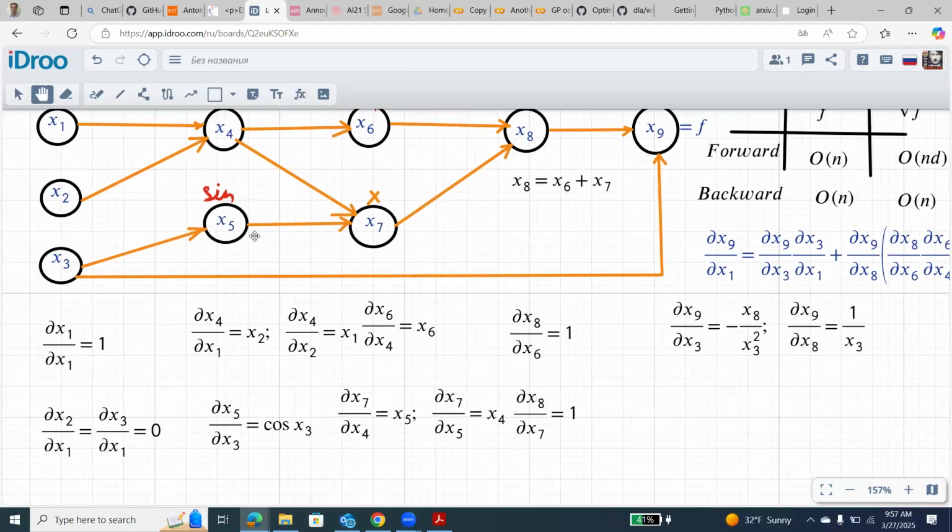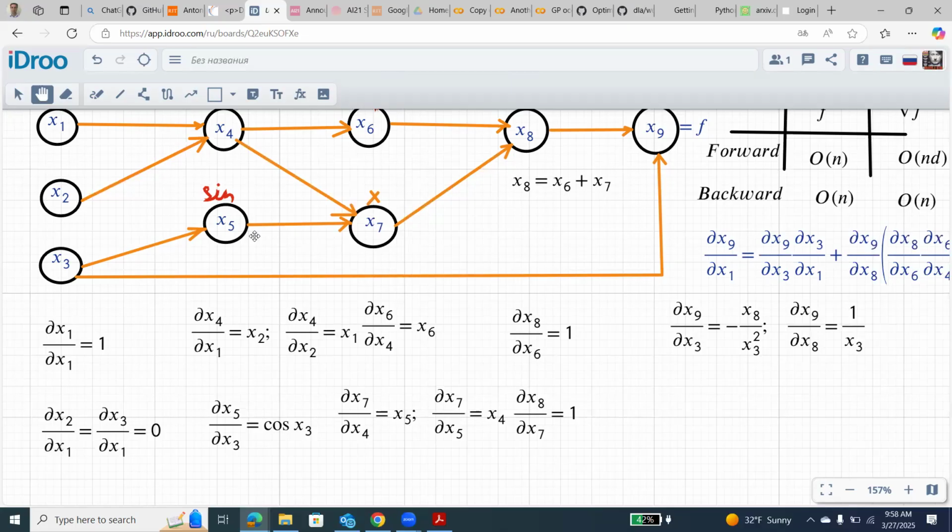So the main difference is that instead of just iterating backwards while calculating derivatives, you just create a lookup table and then do substitutions for x1 and x2, x3 in this case. Well, the difference is that in forward mode we calculate the derivatives with respect to x1 on every step.